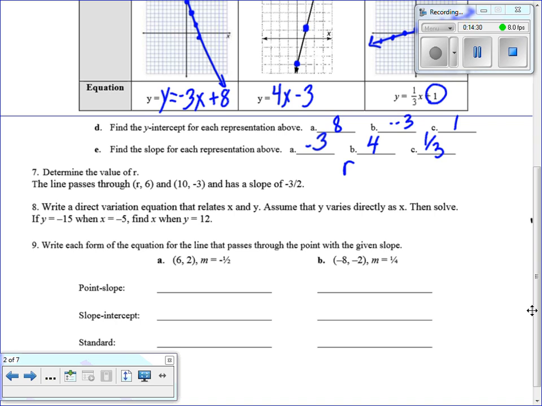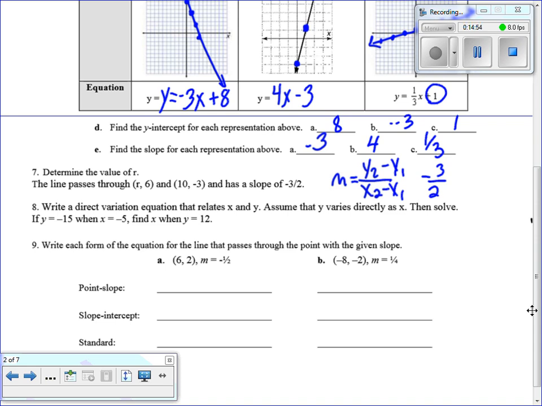So what we're going to do is set up our formula for slope. We have m equals y2 minus y1 over x2 minus x1. And what you're going to do is plug in the points that you already know. So we know that our slope is negative 3 over 2.